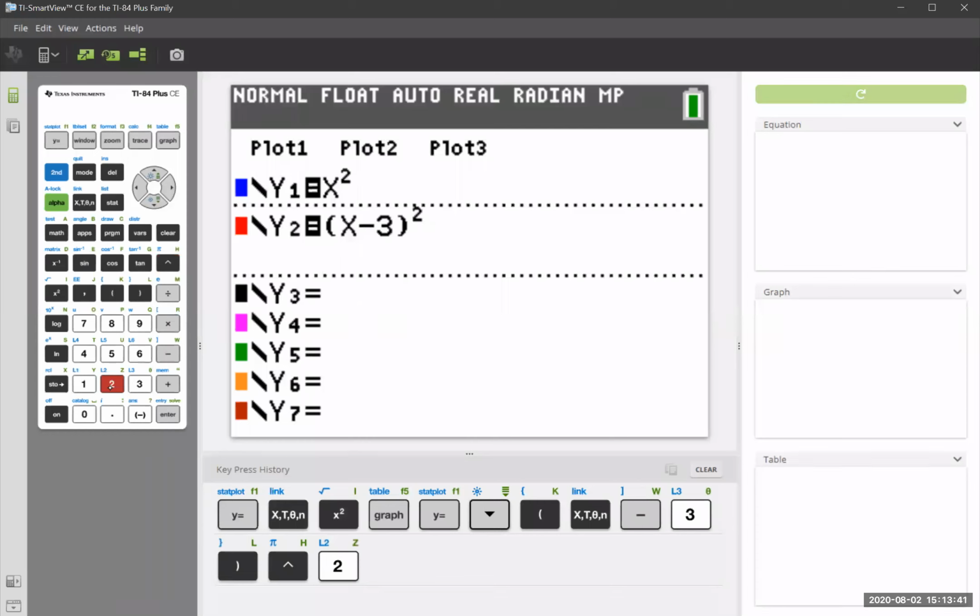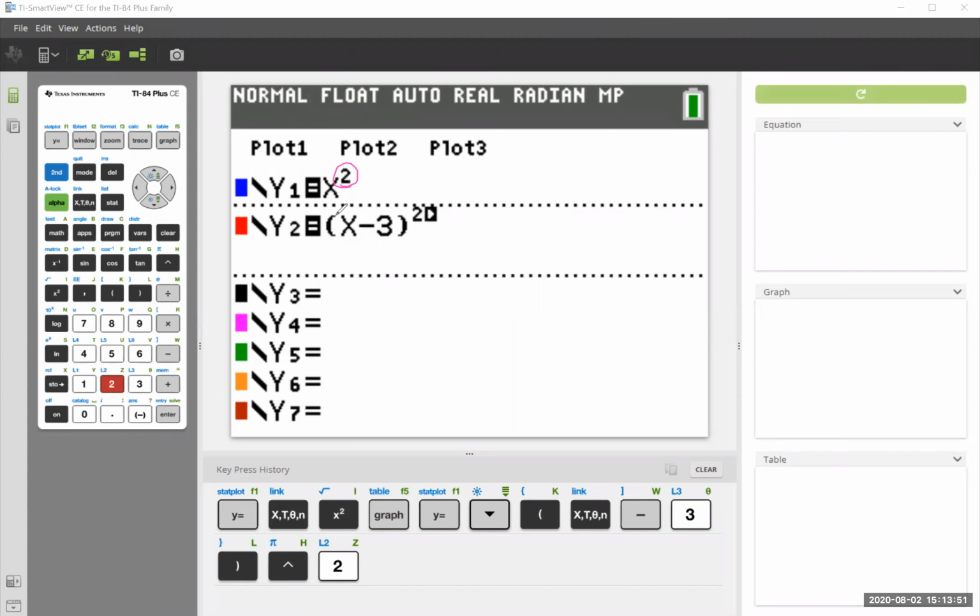What I want you to note here is that the subtraction of 3 that you're seeing is happening inside of the function. The function itself is referring to the squaring. So notice that I do have parentheses here. The subtraction that you're seeing, or this removal of 3, is actually referring to what's happening inside of the function. Let's go ahead and graph that.